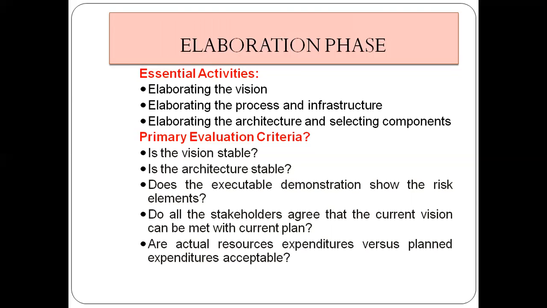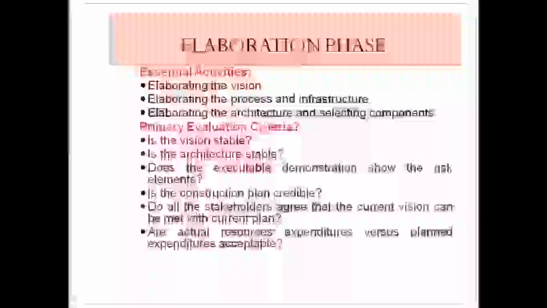Based on the architecture, will my construction phase face any problems or not? We have to check. So all the executable demonstrations we have to show along with the risk elements, so that the coding people, the developers, will have an idea of what risks can come during the construction phase.